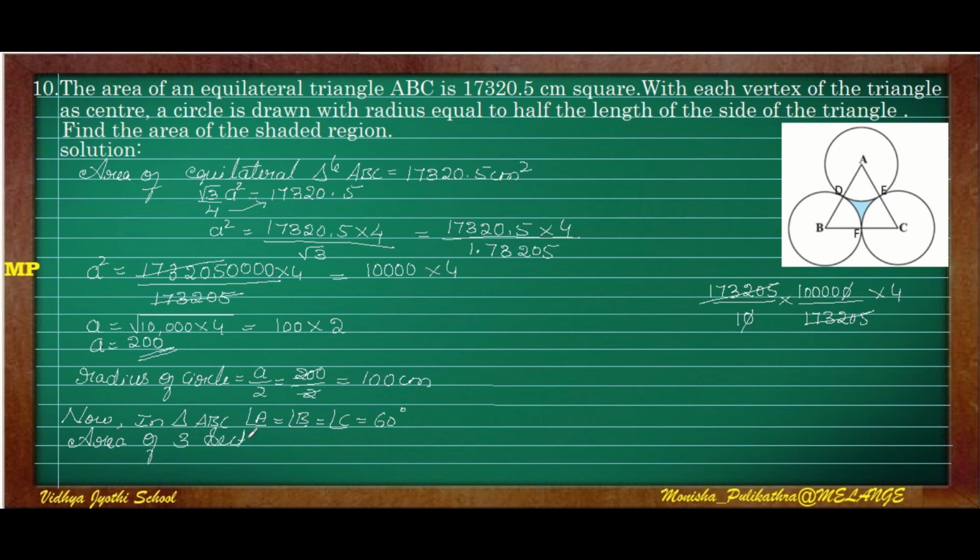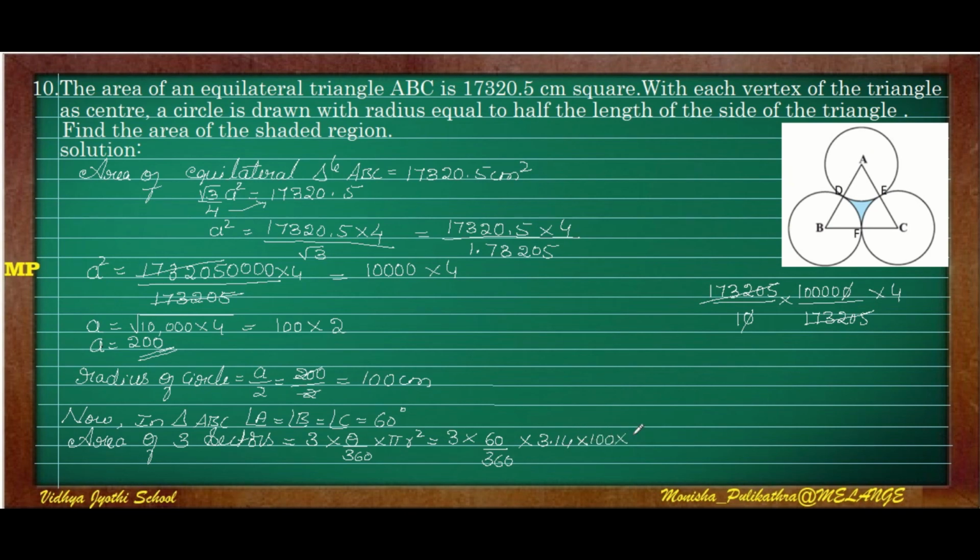Area of three sectors is equal to 3 into theta by 360 into pi r square. So 3 into 60 by 360 into pi r square. The angle is 60 degrees because it is an equilateral triangle. So the radius is a by 2, and pi I will take as 3.14, and this radius is 100.